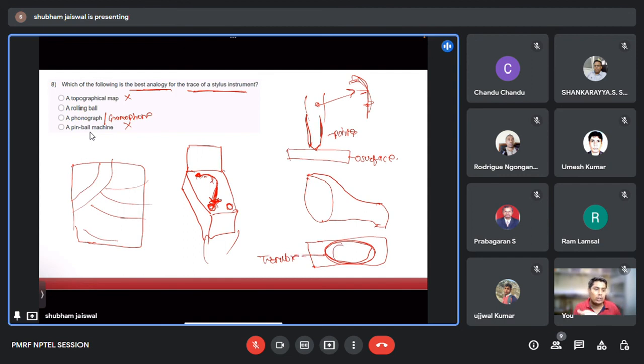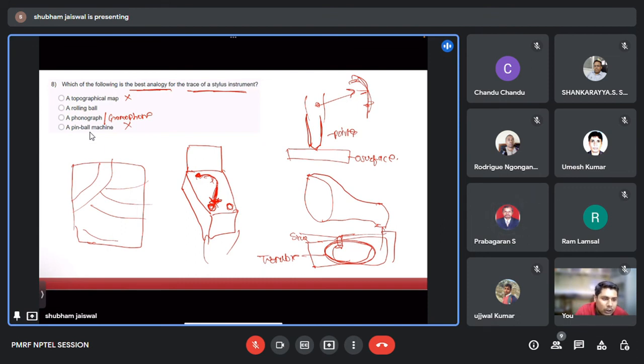Like in olden days, we will keep a disc on this one, then we will bring the stylus down, and it will trace the turntable, and accordingly the music will play. So here, the stylus. So this is the analogy.